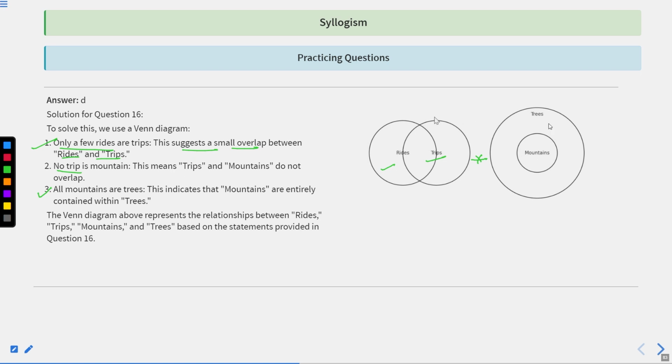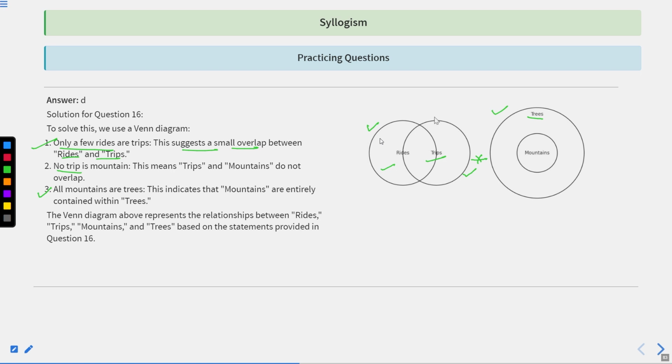So the trees will take in the entire circle representing the mountain, and it will be within the ambit of the trees. So this statement is also correct. All three statements made in question number 16 are complemented by the Venn diagram in front of you.